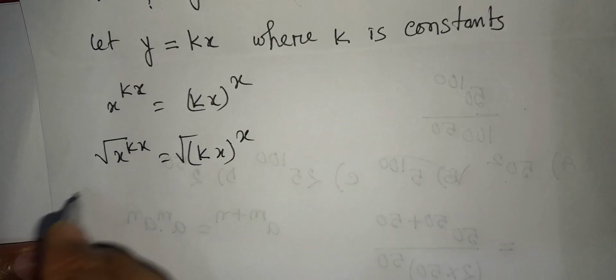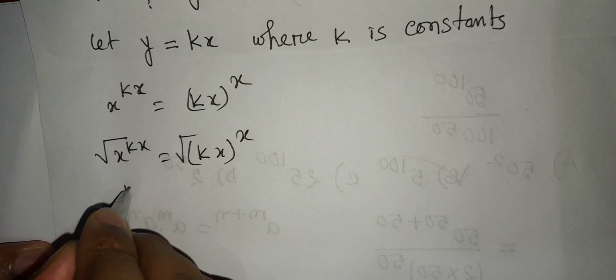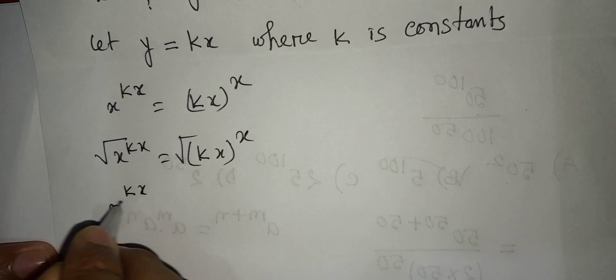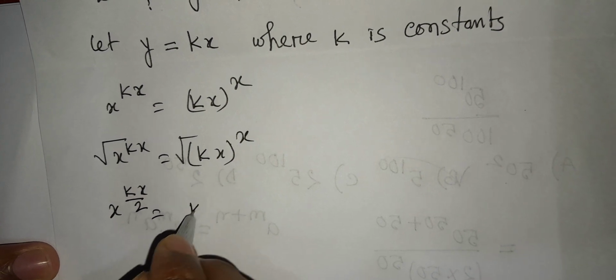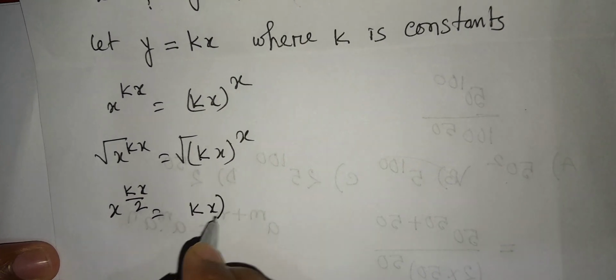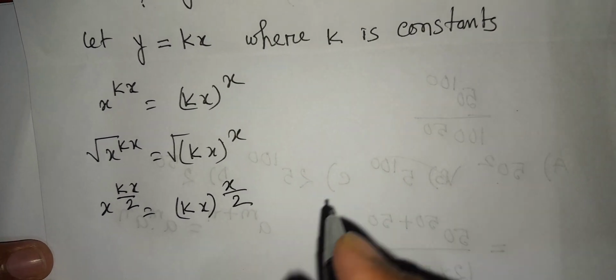Okay, we can write here kx by 2 and kx all to the power x by 2.